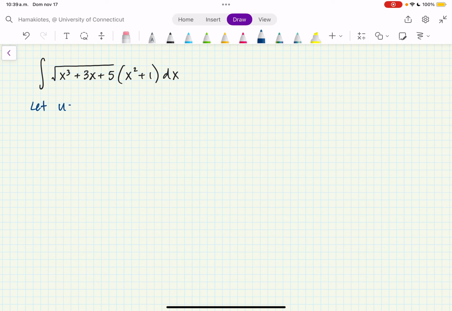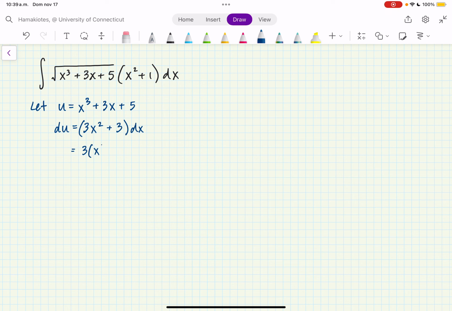We'll let u equal x cubed plus 3x plus 5, so the derivative is 3x squared plus 3 plus 0 dx. Now we can see there's 3x squared plus 3, and we can factor out a 3.